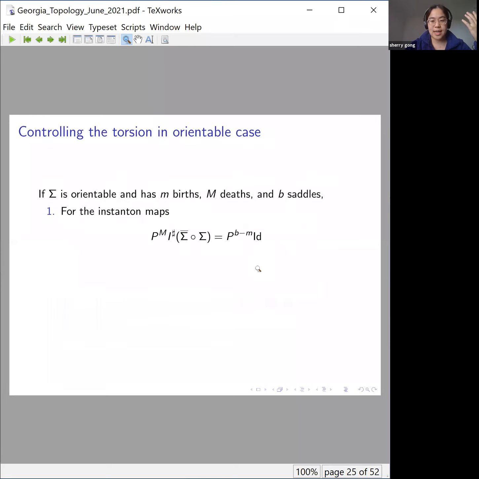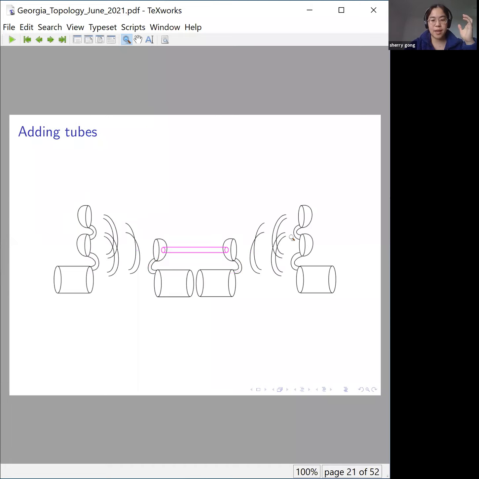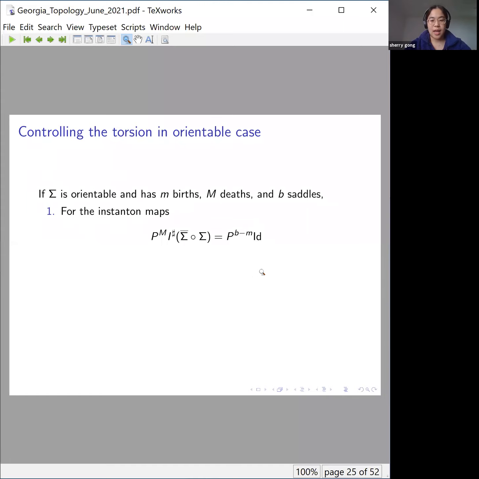That means p to the m times the map induced by sigma bar composed with sigma is p to the b minus m times the identity, because the map on both sides is the map induced by this cobordism with these extra tubes. And the same is going to be true for the HFK situation.